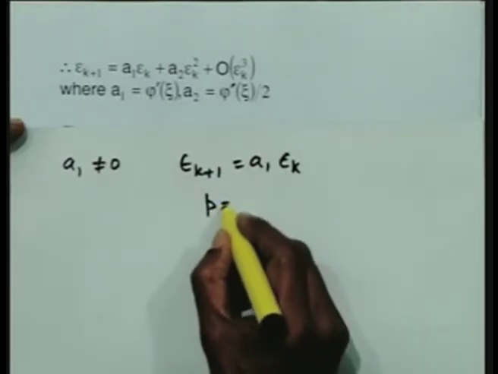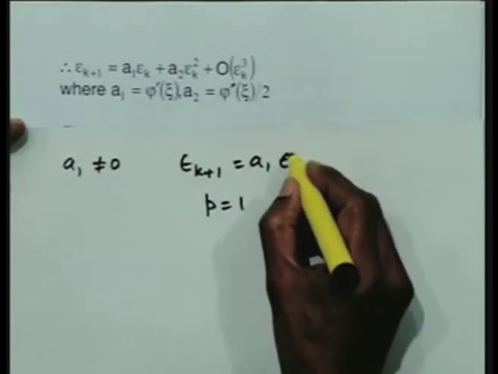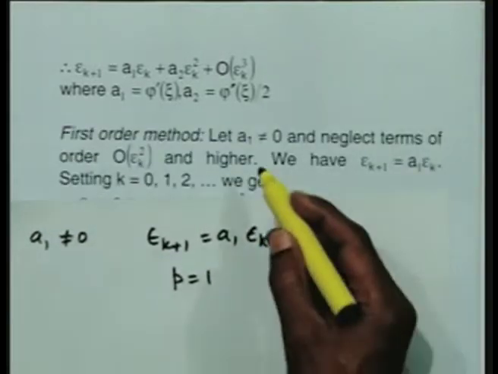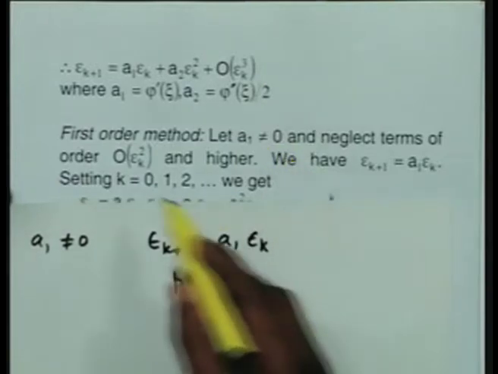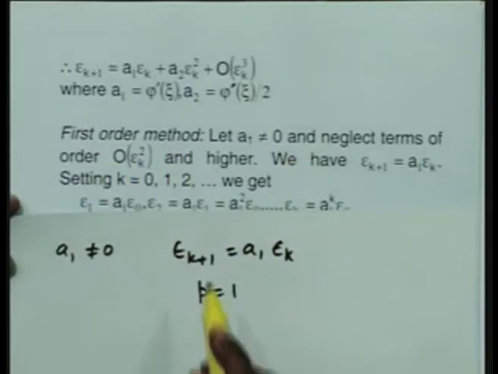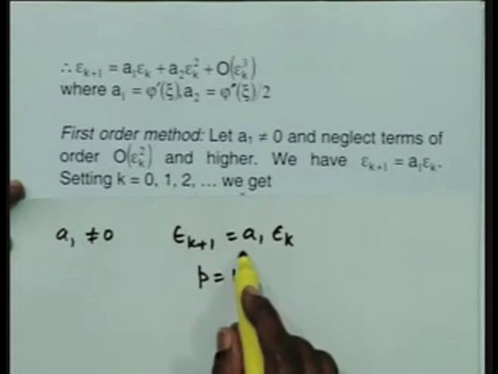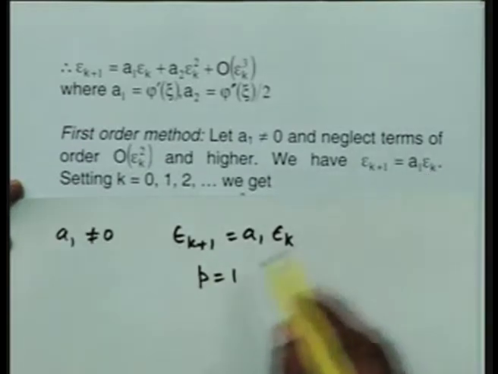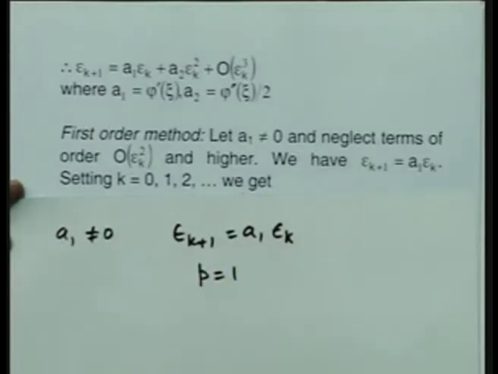Therefore, in this case p is equal to 1, epsilon_k to the power of 1. Therefore, the order of the method is 1. So, when a_1 is not equal to 0, I would get a first order method, because in that case epsilon_{k+1} is equal to a_1 epsilon_k. Therefore, the order of the method will be 1.